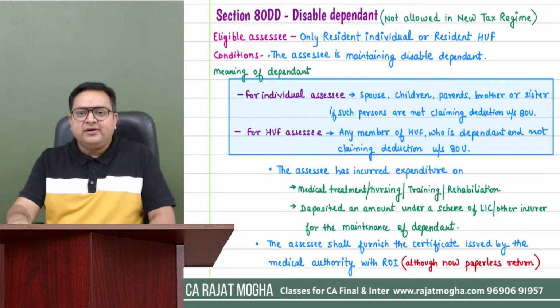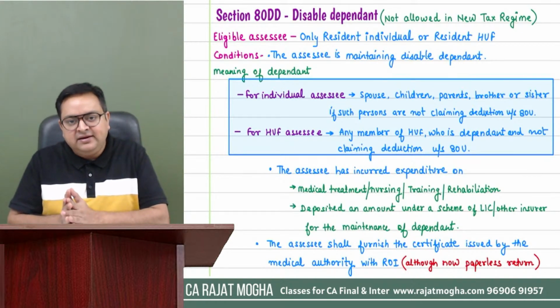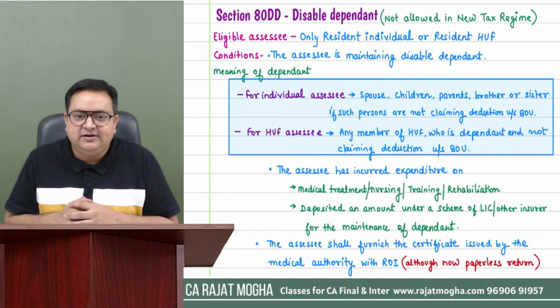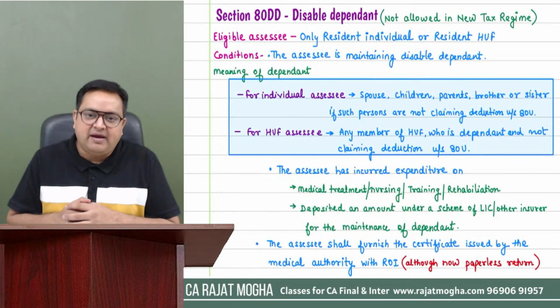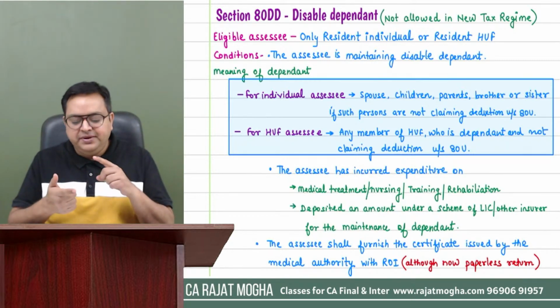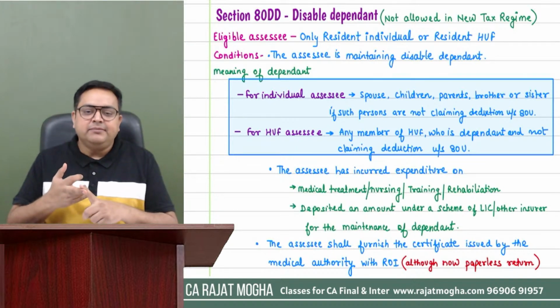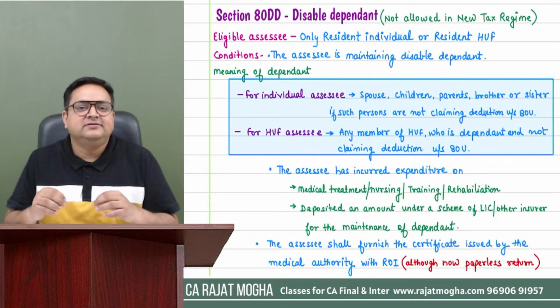80DD is for if the assessee is maintaining any person who is wholly and mainly dependent on the assessee, and if they are their family members. Here family members could be spouse or children, or even parents and siblings also, brother and sister.